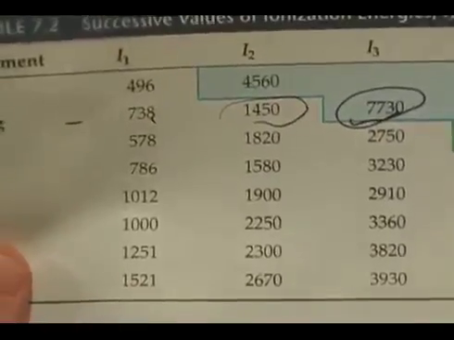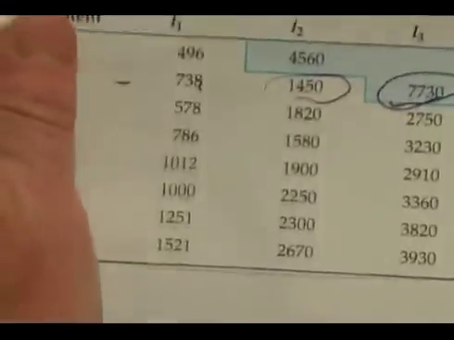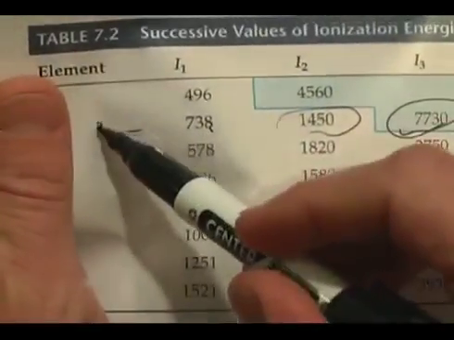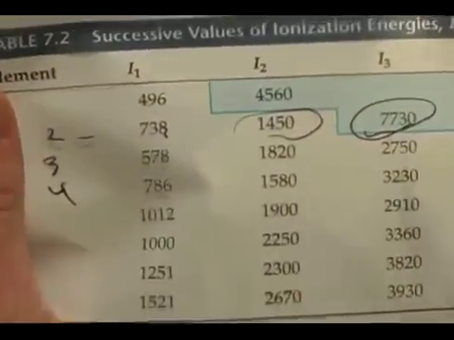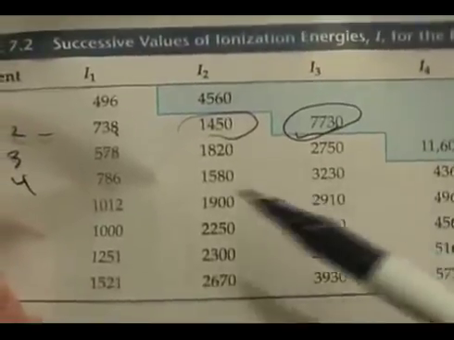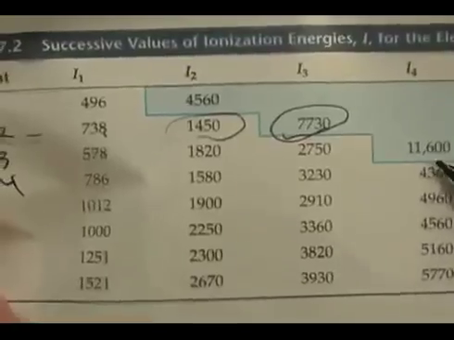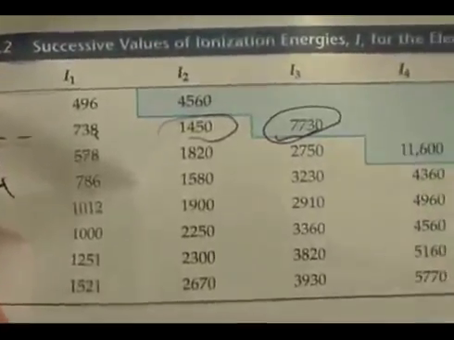A typical test question gives a table like this with no names of elements on it, and says this is element 1, this is element 2, this is element 3, 4, etc. It says, what is element 3 if it's in period 3 on the periodic table? Well, you've got to know that when its fourth ionization energy takes a quantum leap, it's the one that after it loses 3 electrons is going to be like a noble gas.